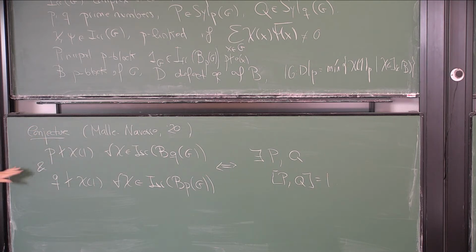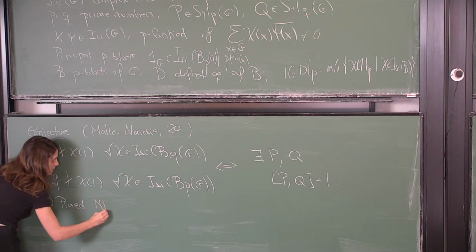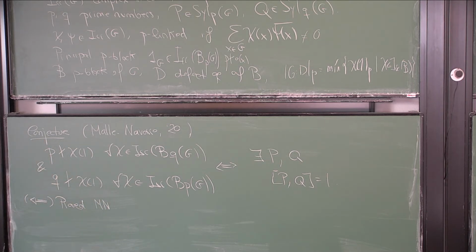So some comments on this conjecture. They prove one direction, they prove this direction in the same paper. And actually they reduce the converse direction to the inductive conditions. Very recently, this direction was proven in a different way by some other authors.